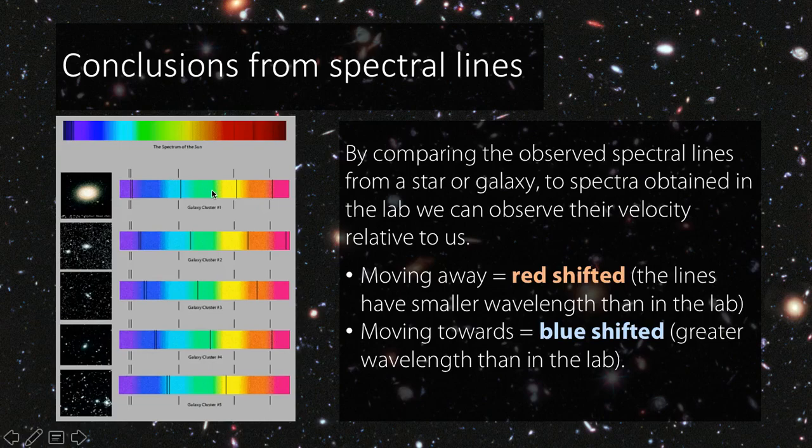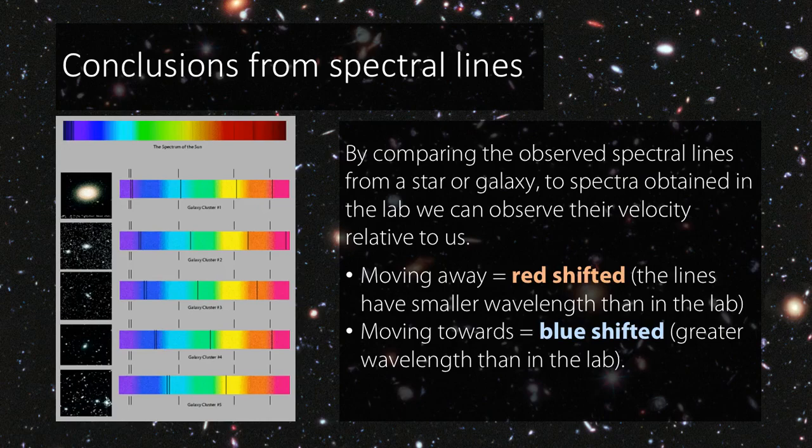And the lines in the spectra are where they appear in the corresponding galaxies. The spectrum of a galaxy is made from the stars that make up the galaxy, so it's very similar. And what this chart is showing is that the further and more distant the galaxy you're looking at, the more these lines are shifted, the more they're moving away from us, which is an important result for cosmology.